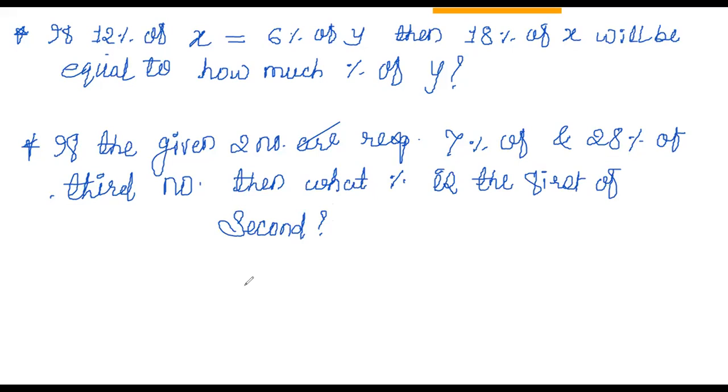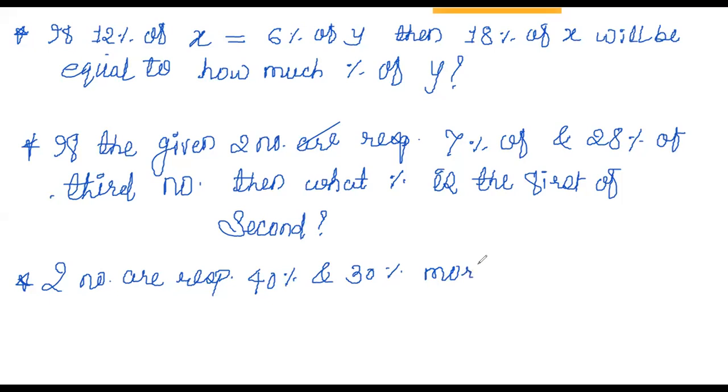Then one more example is there. Later on, you can solve this. Two numbers are respectively 40% and 30% more than the third number.